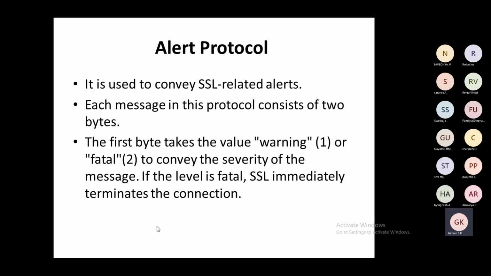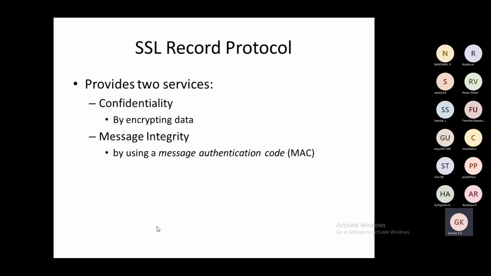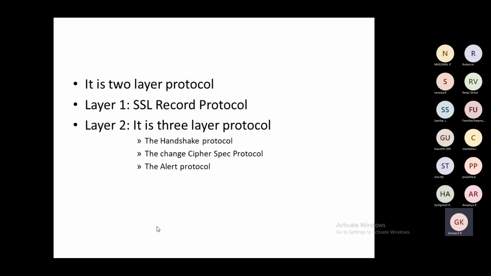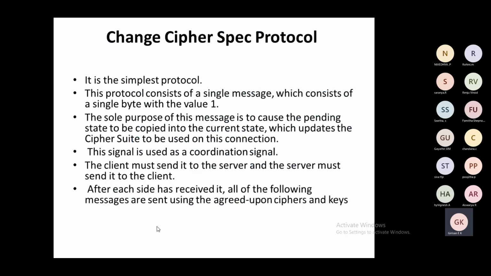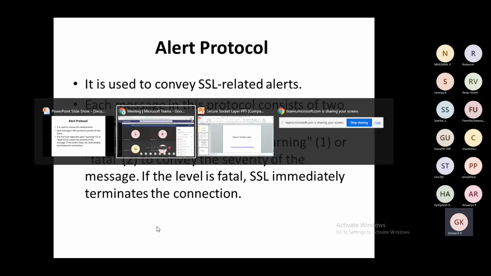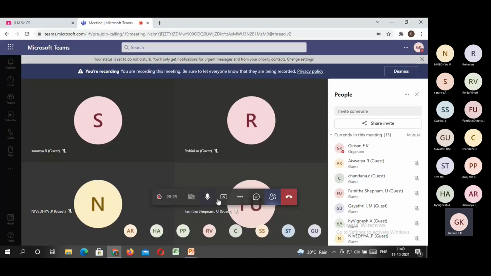See here in this diagram, if the byte value of 1 indicates it is warning, and if it is 2 means it is fatal. There is a termination of connection. Okay, so this is how the SSL protocol or SSL security functions in your internet in order to provide web security.